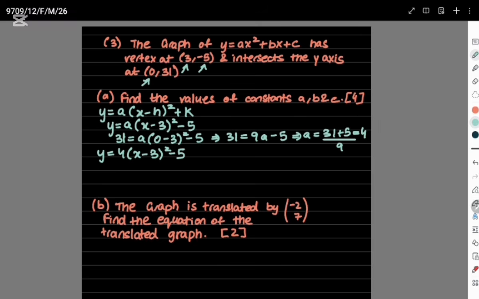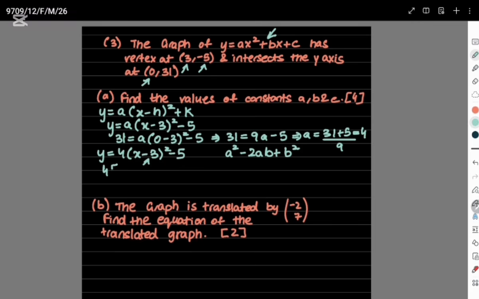Alright, but we have to find b and c as well, and they have given us the form ax squared plus bx plus c. So we just simply expand. Now to expand this, we use (a minus b) squared equals a squared minus 2ab plus b squared.